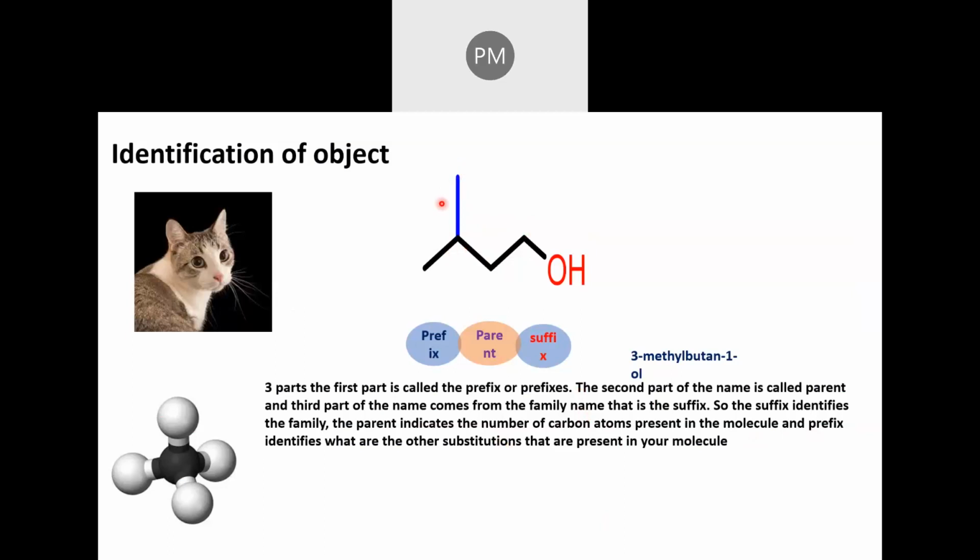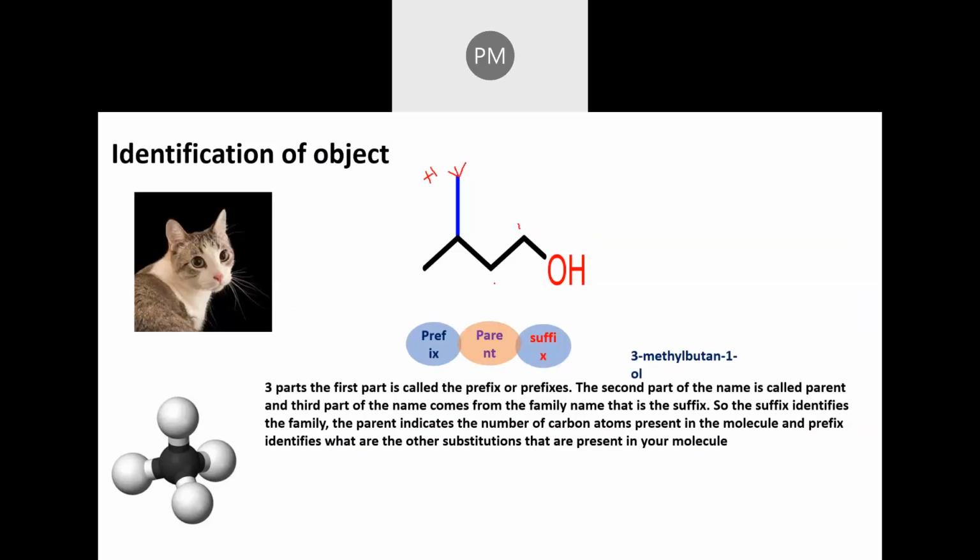Like in this molecule, there is one substituent present. This is methyl: a carbon with three hydrogens present. So this is the methyl group. How will we give the name? The numbering starts from here.